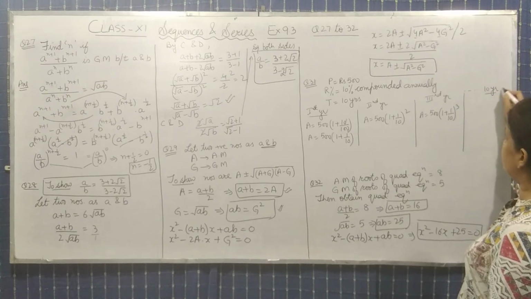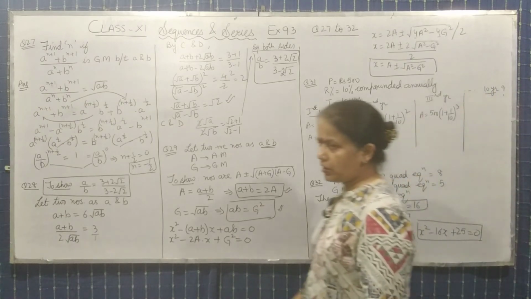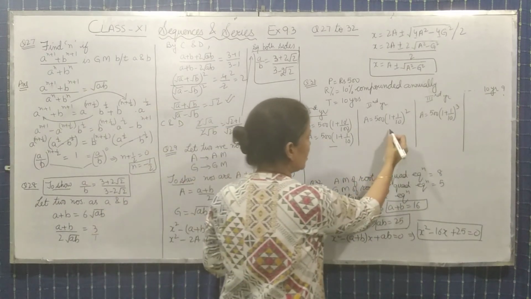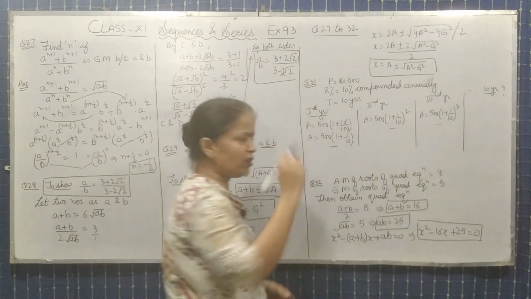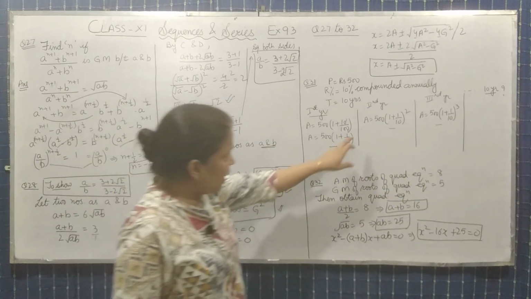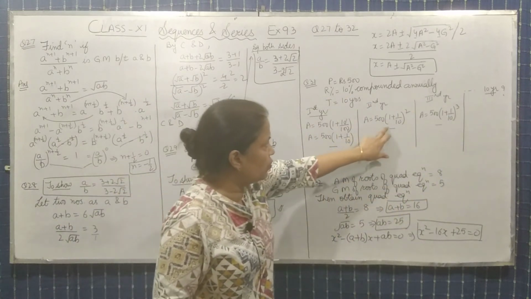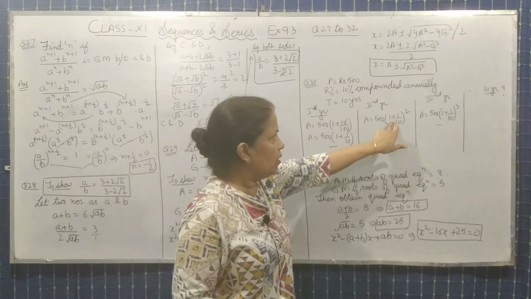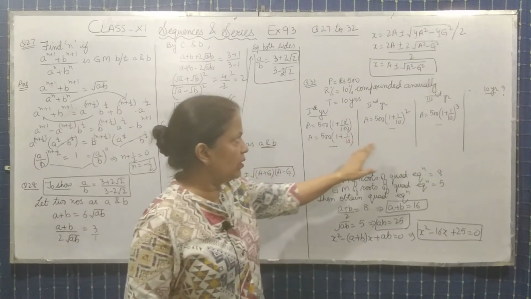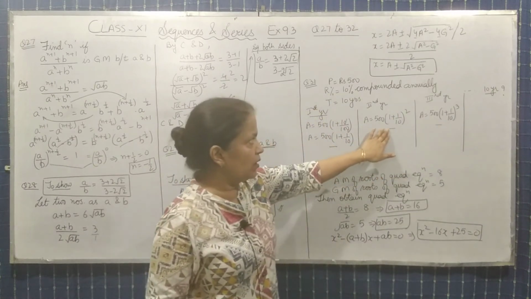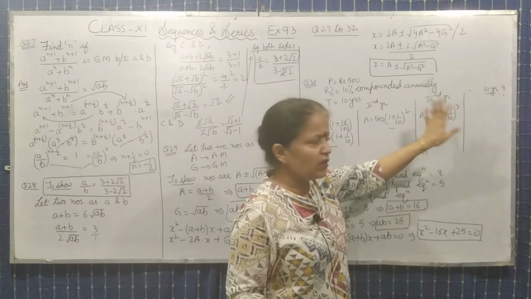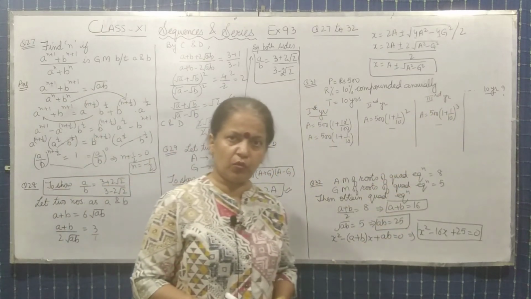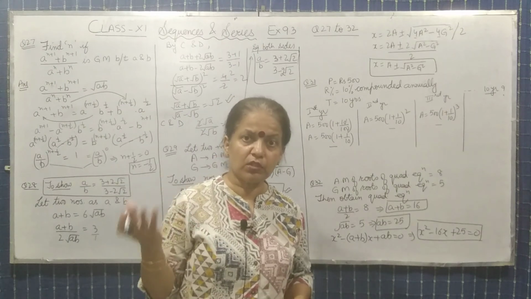Observe this amount: this is first year, this is second year, this is third year and so on. If you see the ratio here, this divided by this, you will get 1 plus 1 by 10. This divided by this, again you will get 1 plus 1 by 10. After doing the division, you are getting this common ratio, isn't it? So it is a GP.